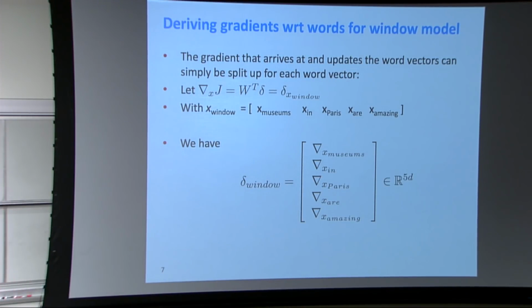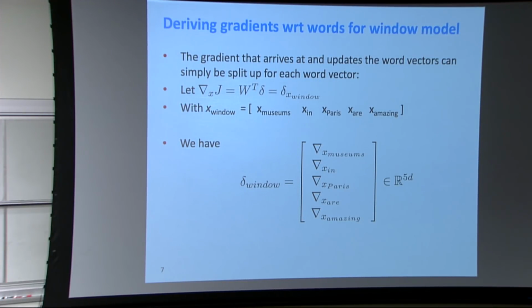But then what do we do about it? We can just split this window vector into 5 pieces and say, aha, we have 5 updates to word vectors. We're just going to go off and apply them to the word vector matrix.